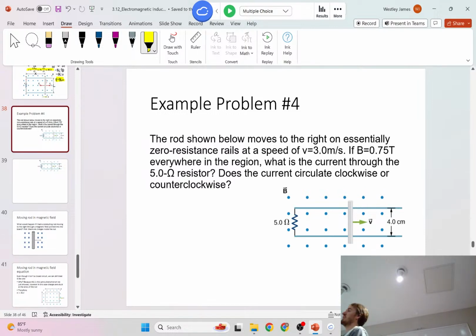Something that is kind of cool with this. Back in the day, there used to be physics labs. I guess there still are, but they were different. One of the labs was you built something like this. You had a magnetic field and these rails, and a rod that rolled on it. What you would do is actually the opposite.